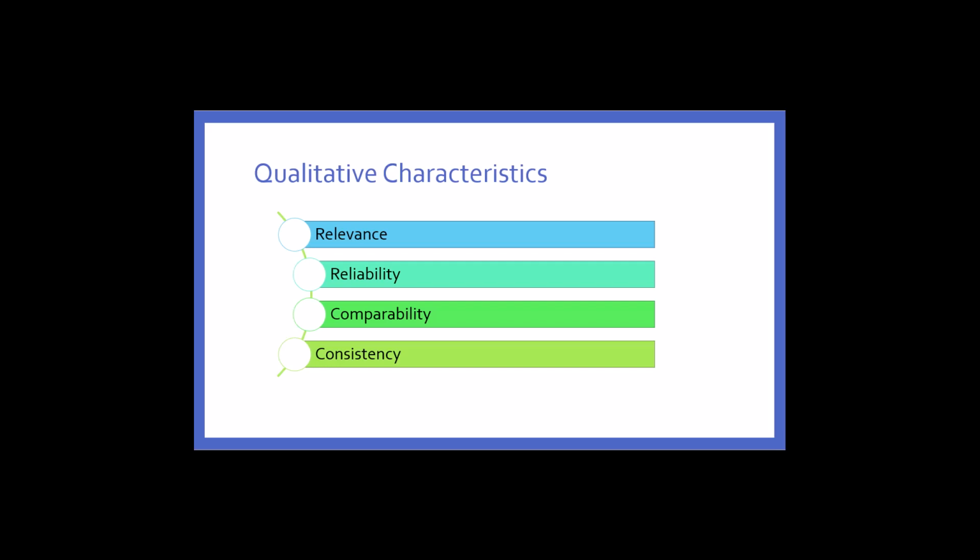Now, consistency focuses on a singular company and their reporting practices. We need to follow the same accounting practices from one accounting period to the next. Similar to comparability, with consistency we want to make sure that we can compare one year against another.